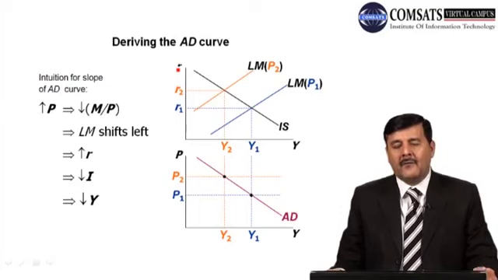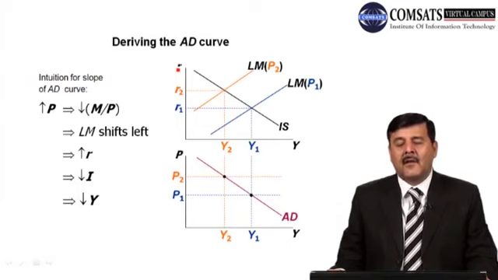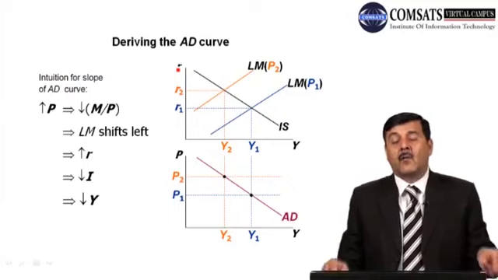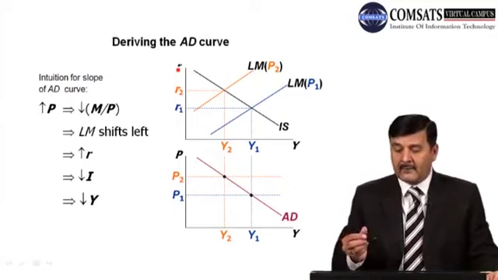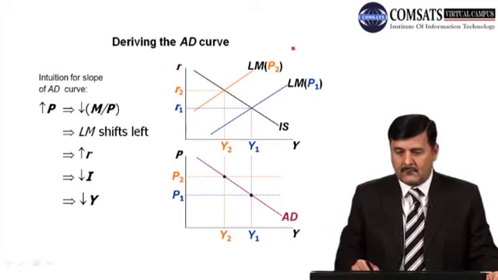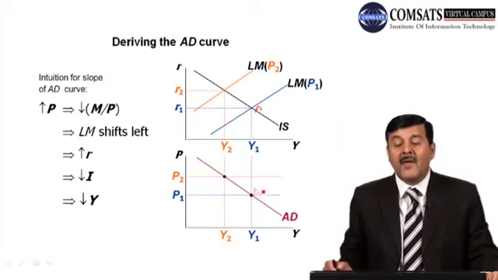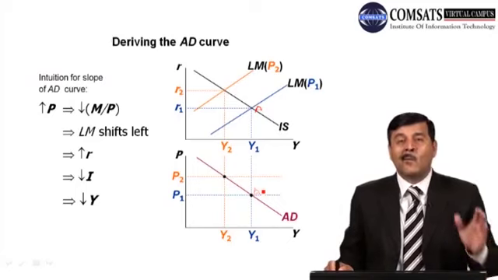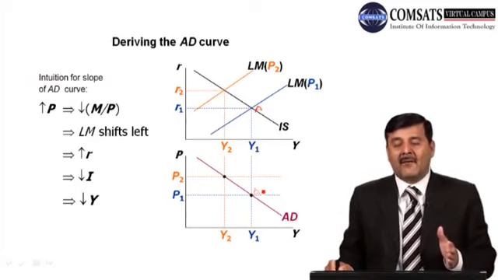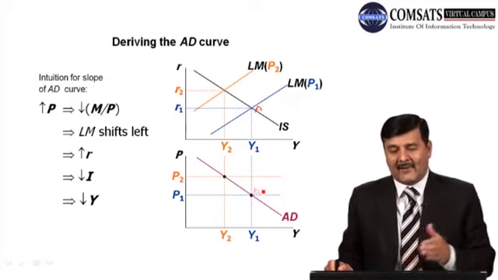Now we have two diagrams, A and B. In the first diagram, we have the original IS curve and LM curve, where the rate of interest is R1, corresponding to a point A. Corresponding to this point, we have a point A in diagram B, where we express the relationship between prices and income level, P and Y, with P on the y-axis and Y on the x-axis.